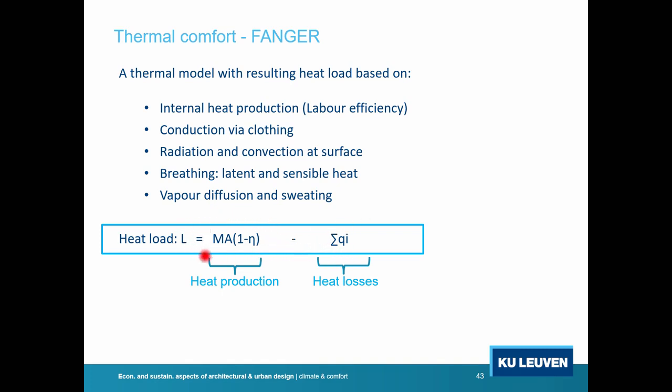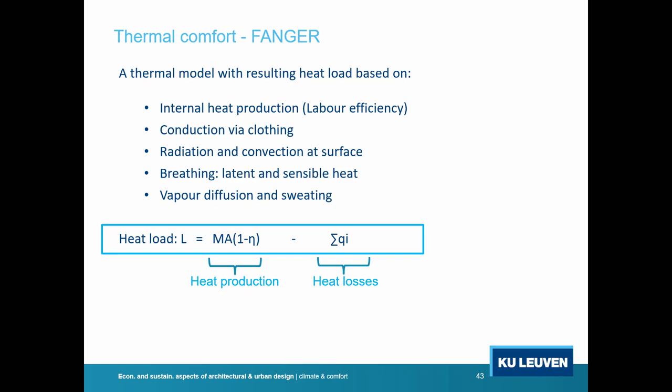So the more heat you produce, the more heat should be lost. You should release more heat to have a neutral heat load, to feel comfortable. If you produce more heat than you can release, you feel too hot. When you produce less heat than you lose, you will feel cold. So that's the comfort feeling related to the heat load.